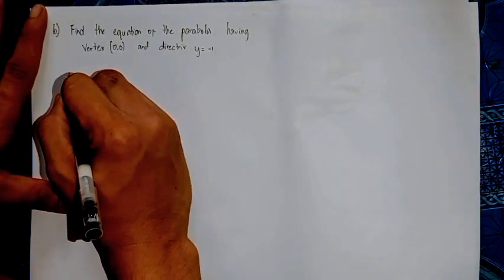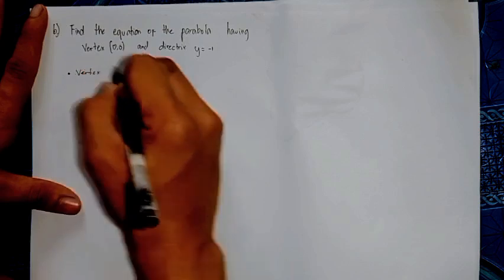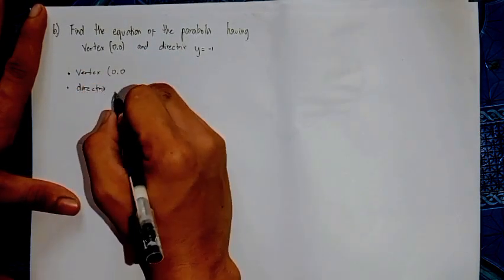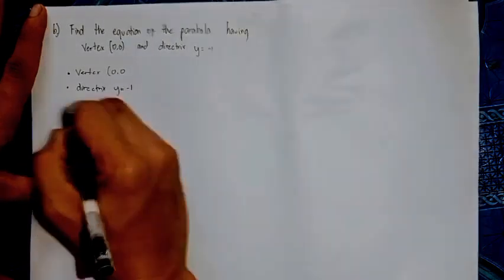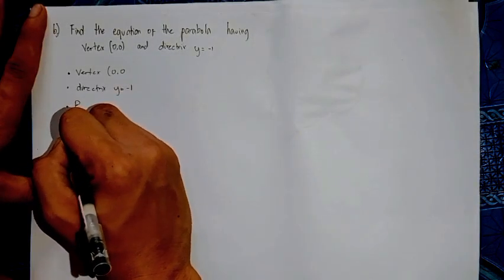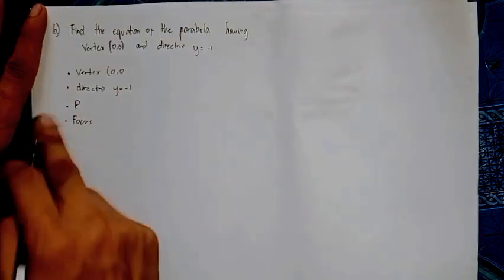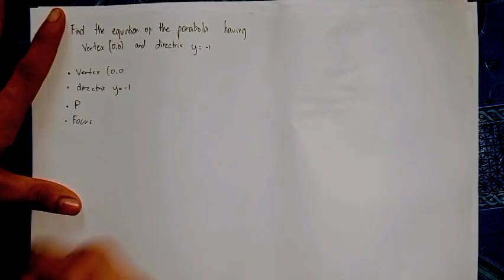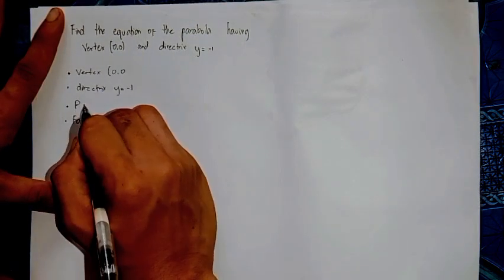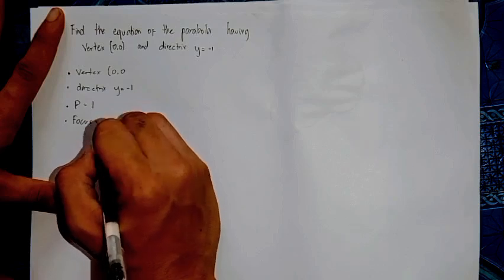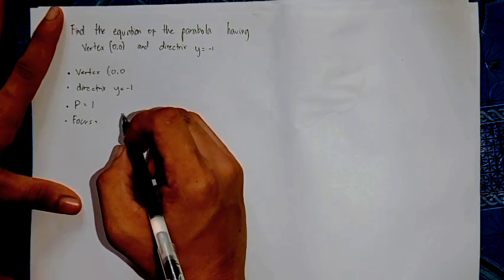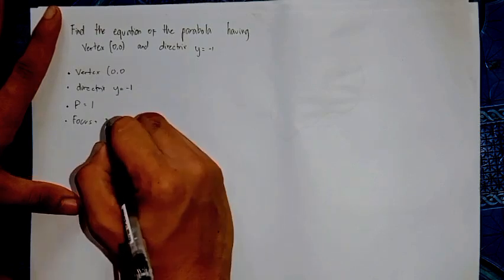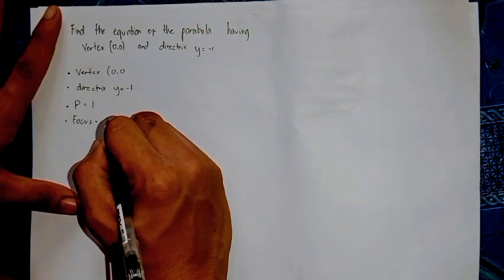Since the vertex is given as (0, 0) and the directrix is y is equal to negative 1, we can now find p and the focus, because the directrix and the focus lie at equal distance from the vertex. So, p is 1. Therefore, our focus is (0, 1).